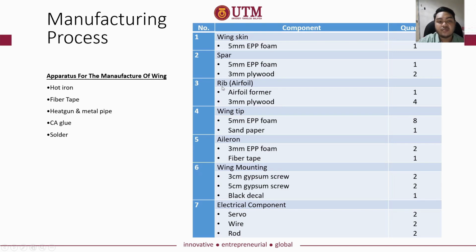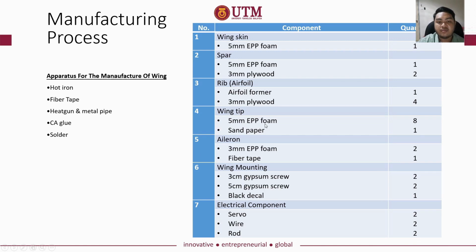And then for the rib, which is in airfoil shape, we are using an airfoil former by drawing the airfoil shape on a paper, and then we cut the plywood according to the drawing that we made on the paper. For the wing tip, we are using 5mm EPP foam and also sandpaper.